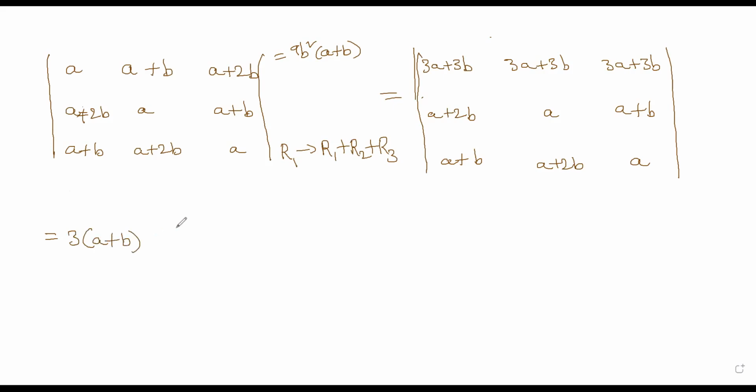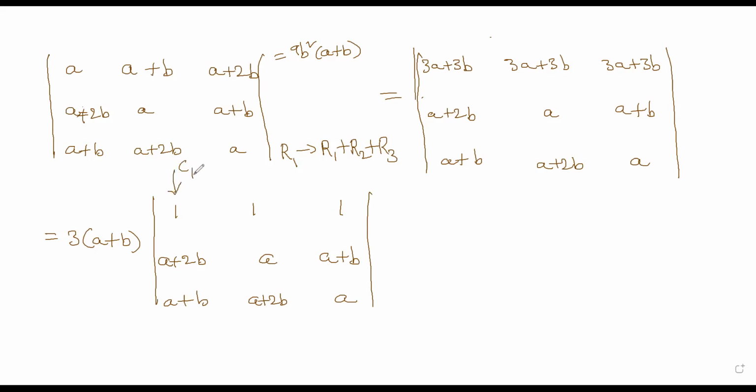Let's write this. And now after that, you have ones everywhere. 1, 1, 1. So you have A plus 2B, A plus B, and A plus B, A plus 2B, and A. Now, I told you when you have ones, you fix one of the columns.